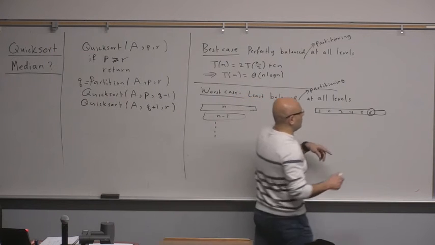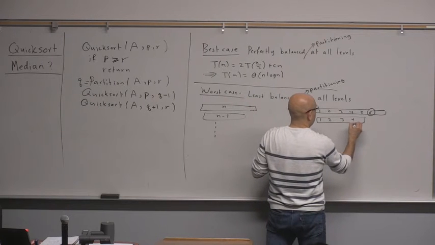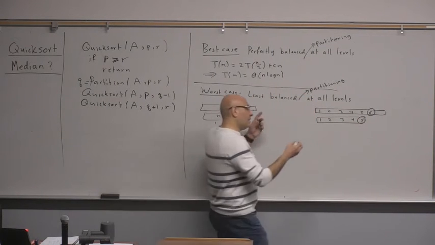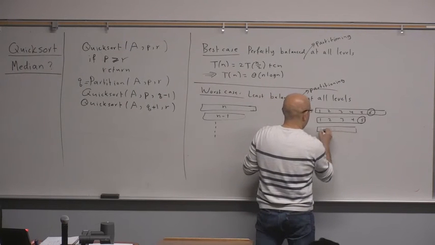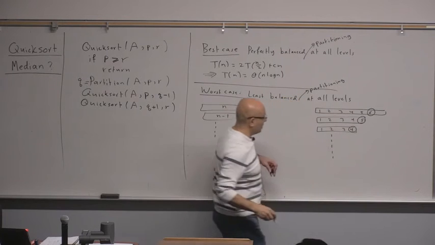So 1, 2, 3, 4, 5, 6. It will get partitioned like this: 1, 2, 3, 4, 5. Then we pick 5 as the pivot. Then it's going to be 1, 2, 3, 4, and so forth.